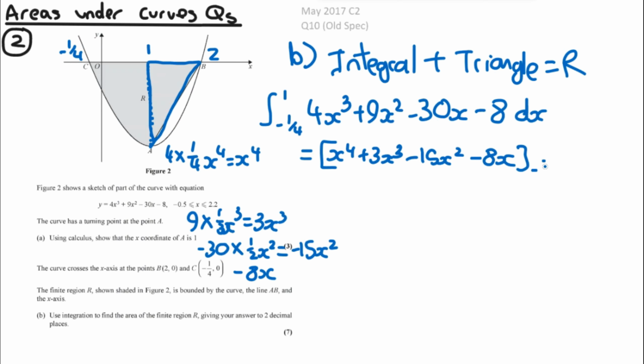We're going from minus a quarter to 1, and then we just sub the values in. So 1 is going to be 1 to the power of 4 plus 3 times 1 cubed minus 15 times 1 squared minus 8 times 1, which if you put into a calculator is equal to minus 19.